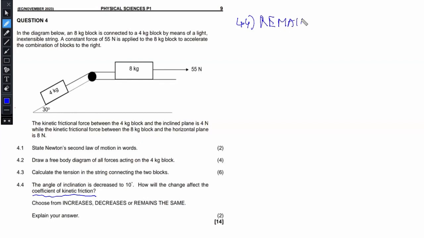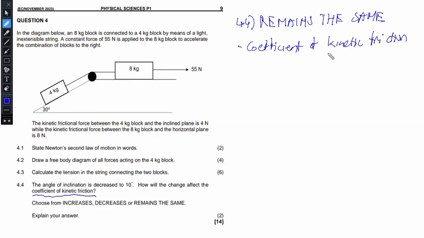So it remains the same. And then we say the coefficient of kinetic friction, which is your mu k, is not dependent on the angle of the incline.